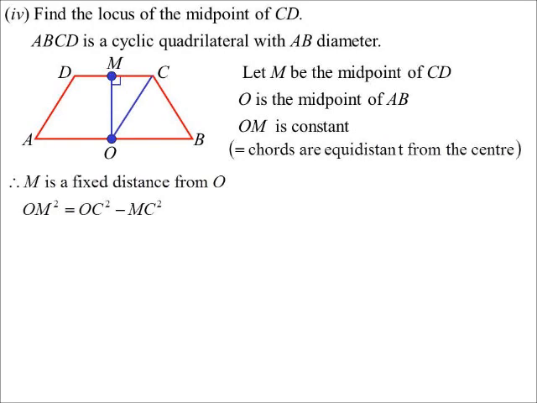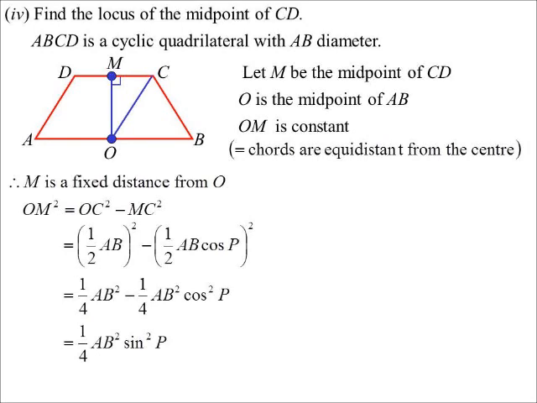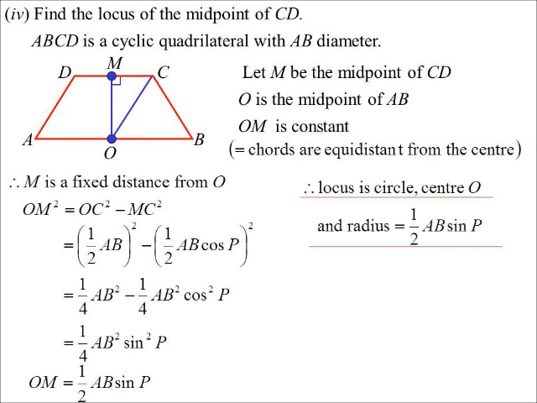Well, OC is half of AB, and MC is half of AB cos P. Square them, I get a quarter AB squared sine squared P. So I know the radius is a half AB sine P. That might have been a bit of overkill for that question. But essentially we've got, yes, it is a circle, and I know its centre is O. And the radius is a half AB sine P.